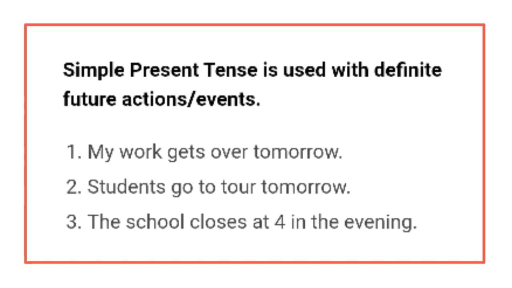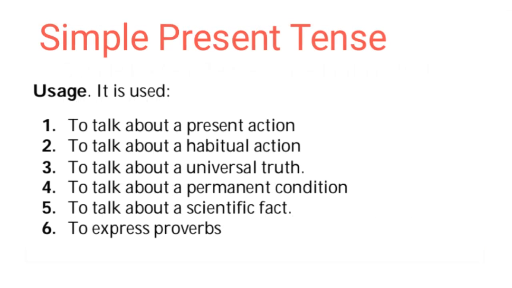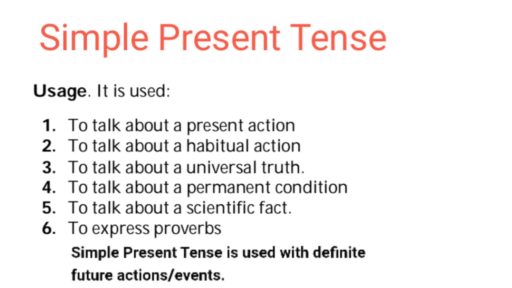So the usages of simple present tense are, while we talk about a present action, a habitual action, a universal truth, a permanent condition, a scientific fact, to express proverbs, and if you are very much definite or sure about any future event, that can also be said in simple present tense.